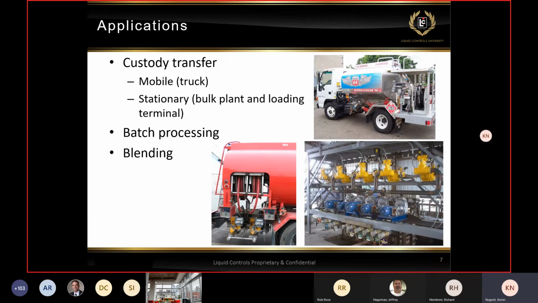Batch processing is another. If we are filling drums, totes, or large containers, we can provide that accuracy over the various flow ranges, and in blending applications, as we saw earlier.